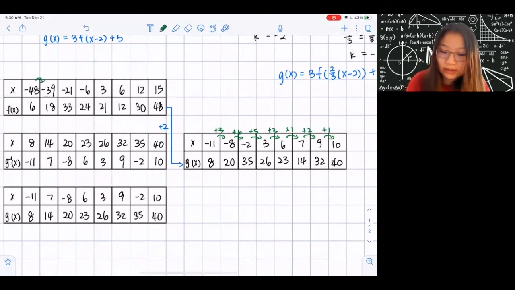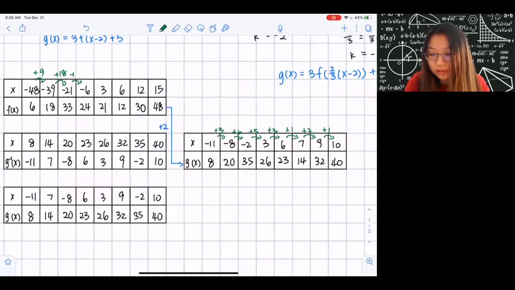And over here, I have plus 9, plus 18, plus 15, then plus 9, plus 3, plus 6, plus 3.